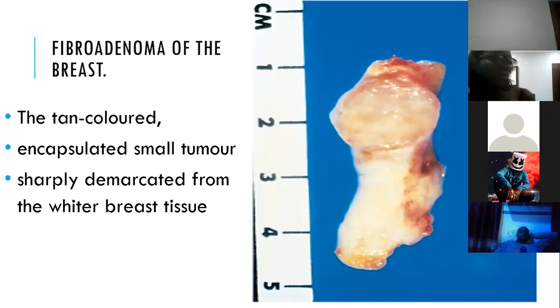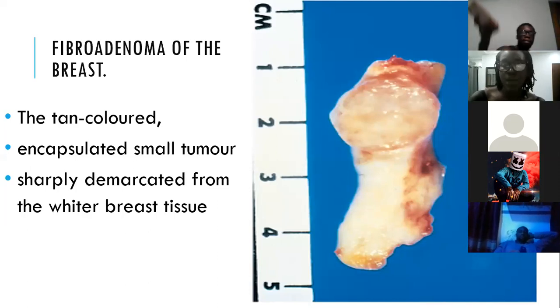Okay, so when you look at this slide, you look at the picture, you realize that there is a mass which is clearly distinguished from the rest. Okay, so this is a fibroadenoma which was removed from the breast. So you see that the tissue is white and then you have a dark area above at the top.